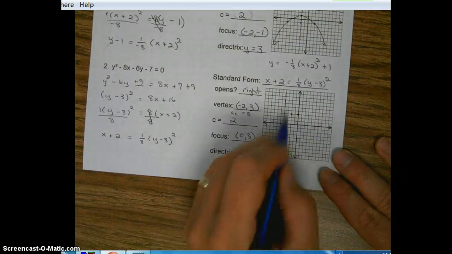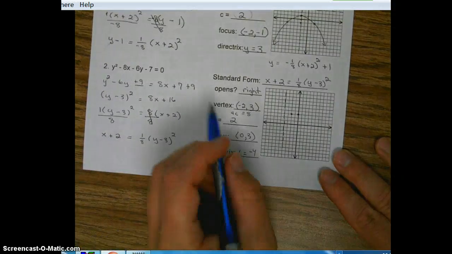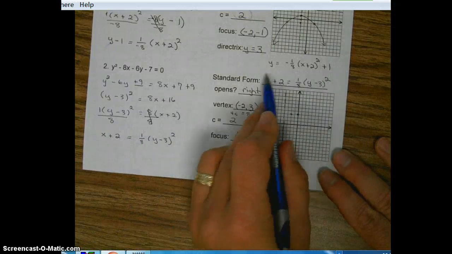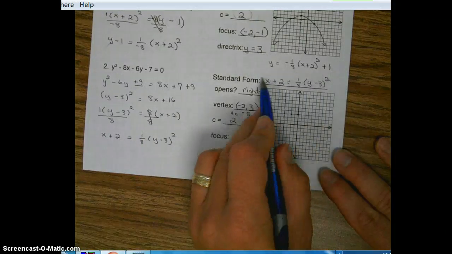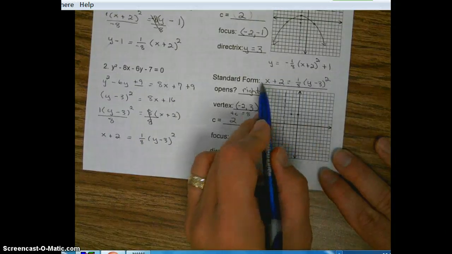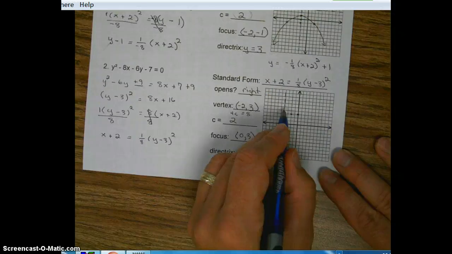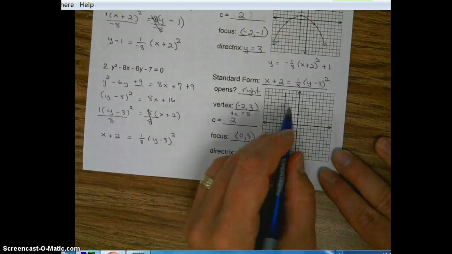So if I want to get some more points here, it's going to be kind of hard to put this into the calculator. So to find these other points, we're just going to need to choose some points.